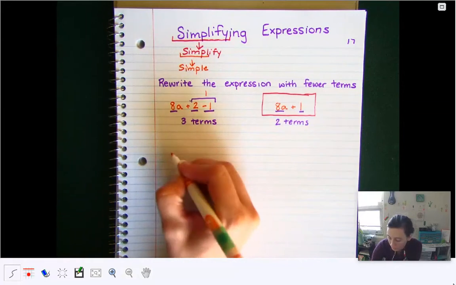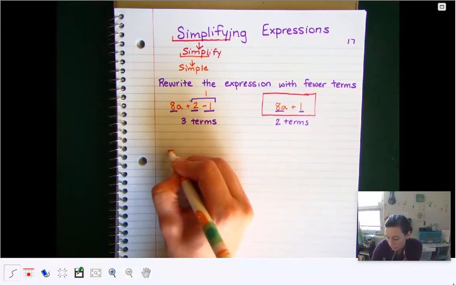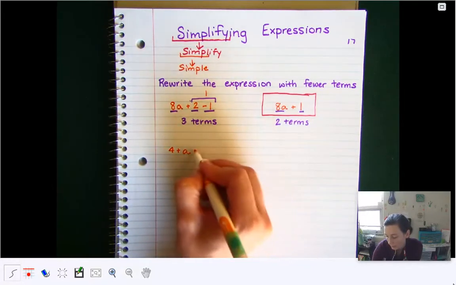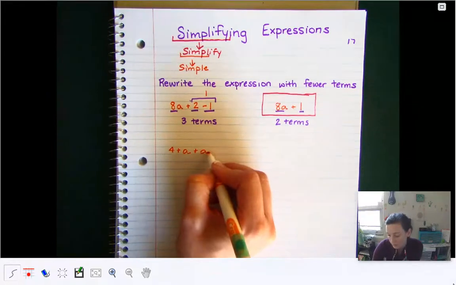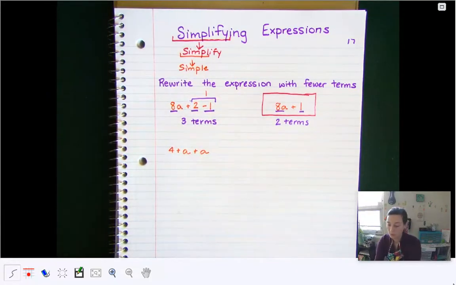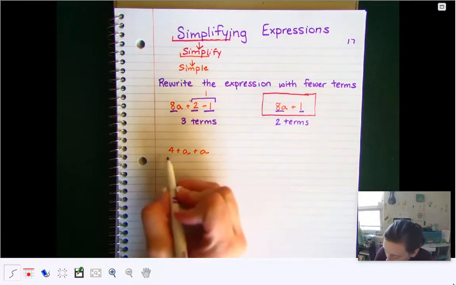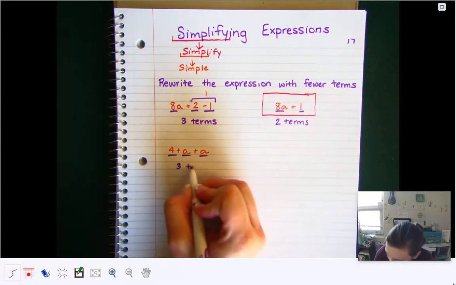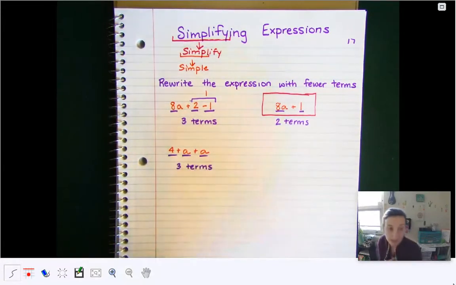I have 4 plus a plus a. 4 plus a plus a has 1, 2, 3 terms. Can't do anything with the 4. I do see, however, that I have an a plus a.